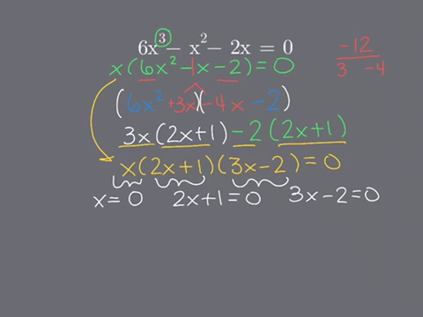This first one's already solved. x could just be 0. If we solve the second one by subtracting 1 and dividing by 2, we get x is equal to negative 1/2. If we solve this one by adding 2 and dividing by 3, we get x is equal to 2/3. So again, we were expecting 3 solutions, and that's exactly what we got.